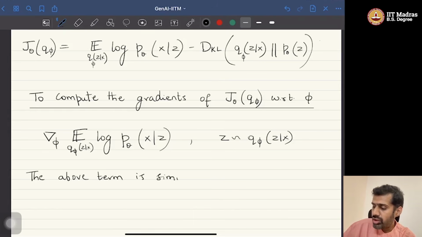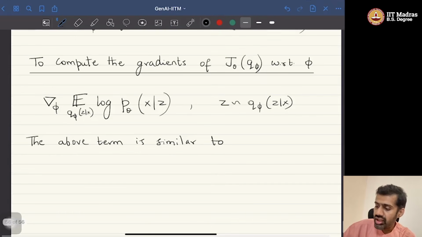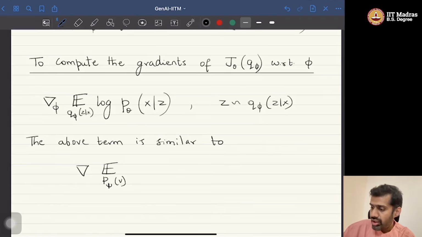The above term is similar to, just to avoid writing the log p theta x given z every time, I can write this as: we need to find the gradient of expectation with respect to a distribution. Let's call that some p psi of v, and we have a function f psi of v, and the gradient is with respect to psi.